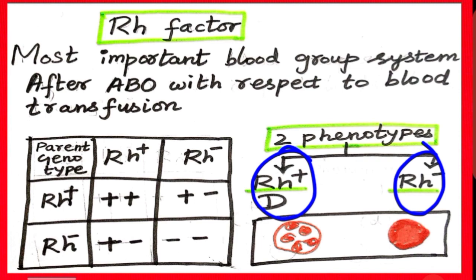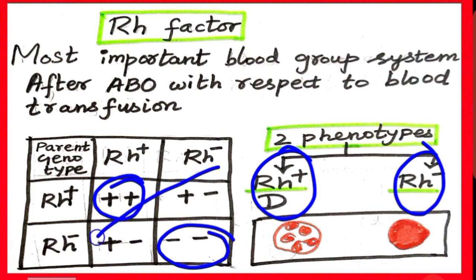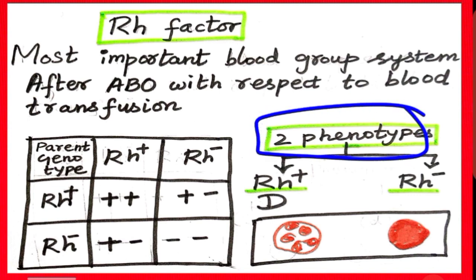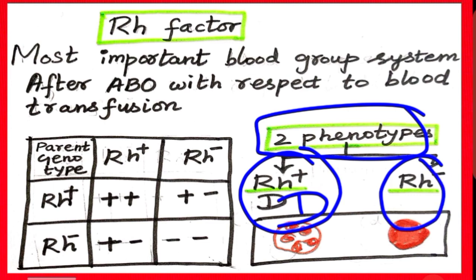We may get three types of genotype. Genotype means genetic makeup, that is homozygous positive, homozygous negative, heterozygous positive. That means one positive, one negative, right? But the phenotype will be in the form of two. One is Rh positive, which is coded by D, capital D, and the other Rh negative.